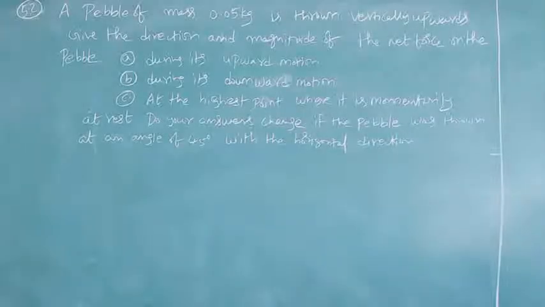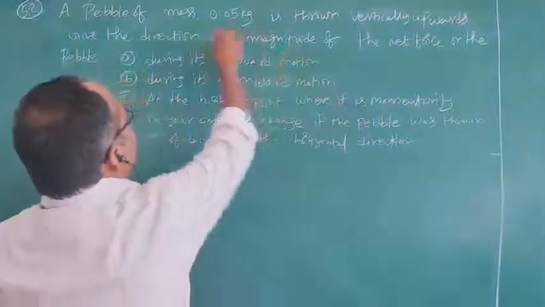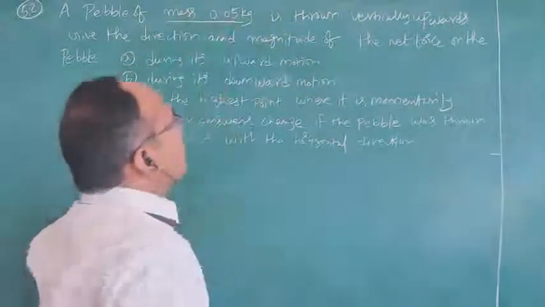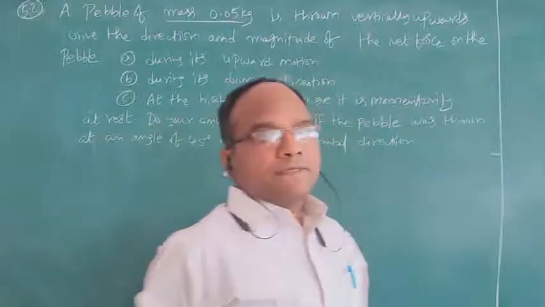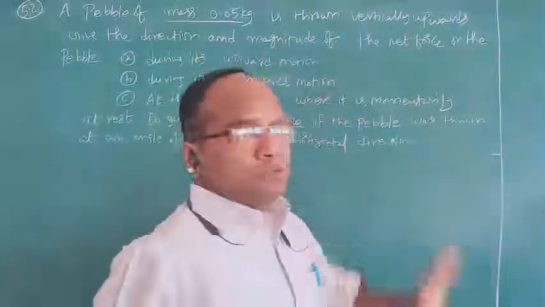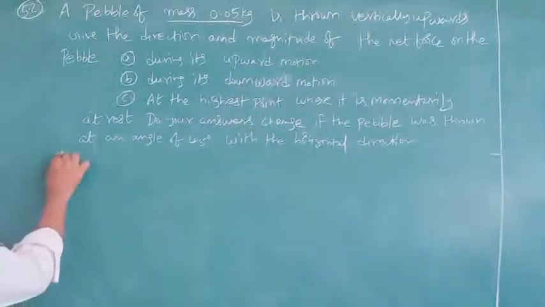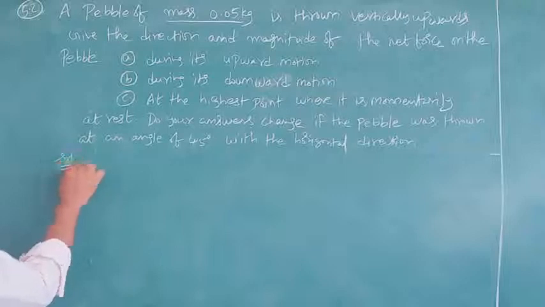Now, in the second question, 5.2, a pebble of mass 0.05 kilogram is thrown vertically upwards. Give the direction and magnitude of the net force on the pebble. So, first question.